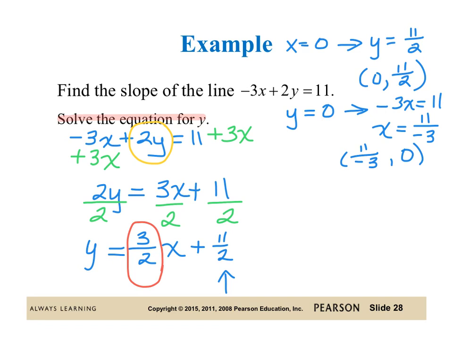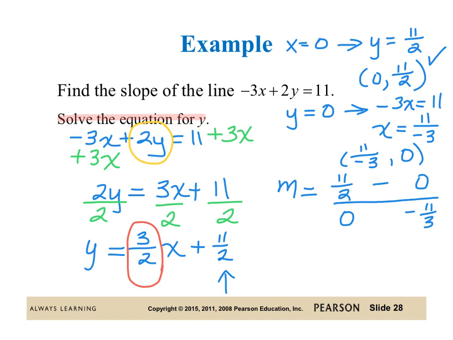And I don't need to plot those points. I can use my slope formula. So choosing the y-intercept first, 0, 11 over 2. Oh, sorry, wrote it upside down. (11 over 2), 0. That's the first point. And then the second point has x value negative 11 over 3, and the y value is 0.